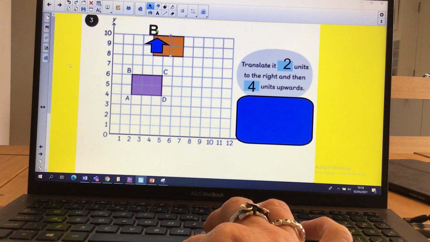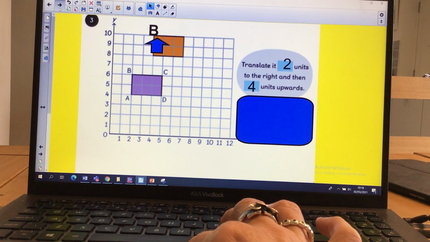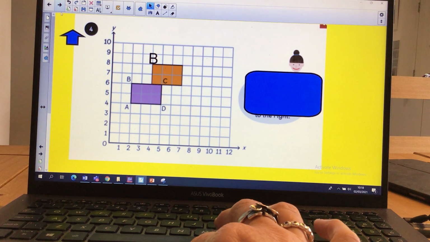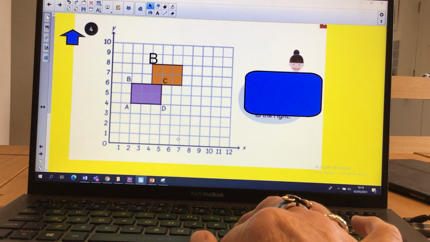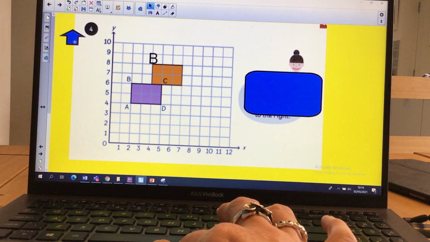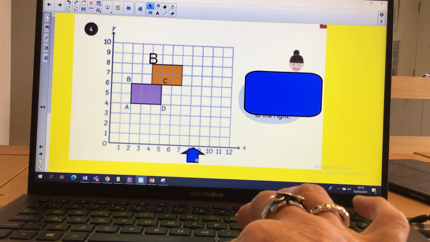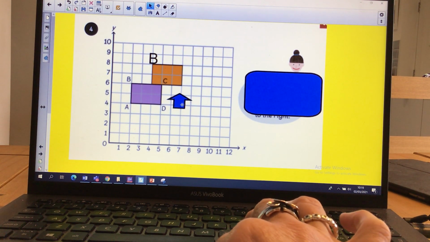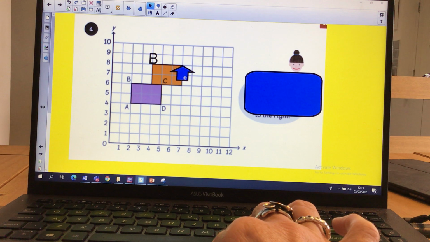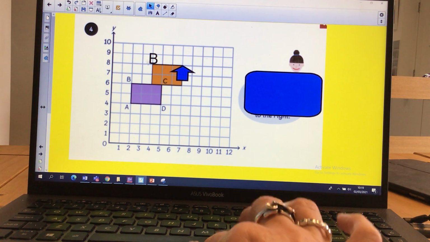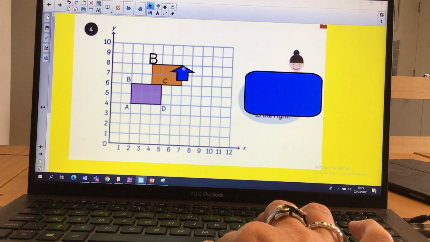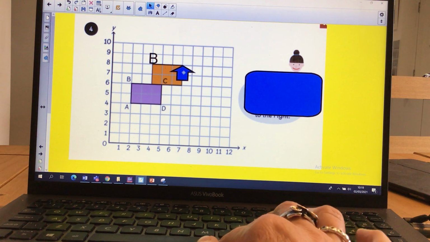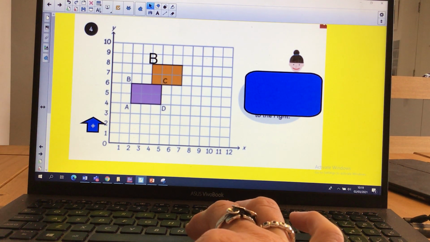So it doesn't really matter which way around you do it. Okay, so this has been translated. Again, we've got a point on 7, 8, which is what our question asked at the beginning of the lesson. If that's B, this must be C has moved to 7, 8. So the rest of the rectangle is in that position.